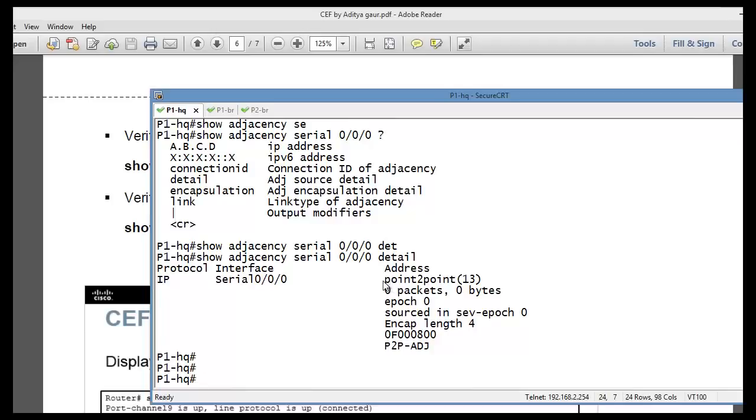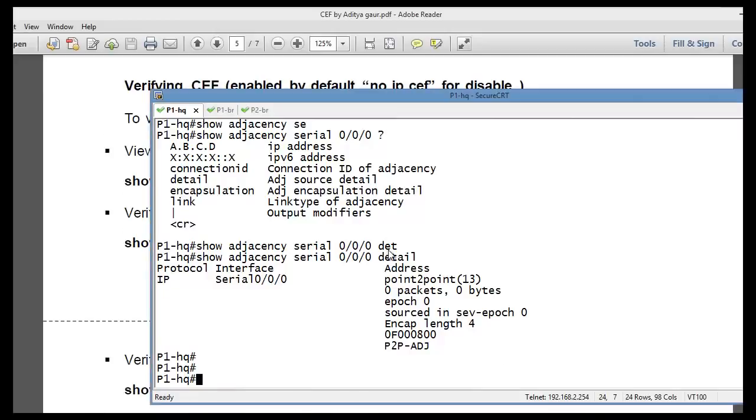You can verify the point-to-point network and packets. Since no packet has been sent or received yet, we're not going to see all those things, but all the other information we have we are able to see, and we can verify Cisco Express Forwarding.